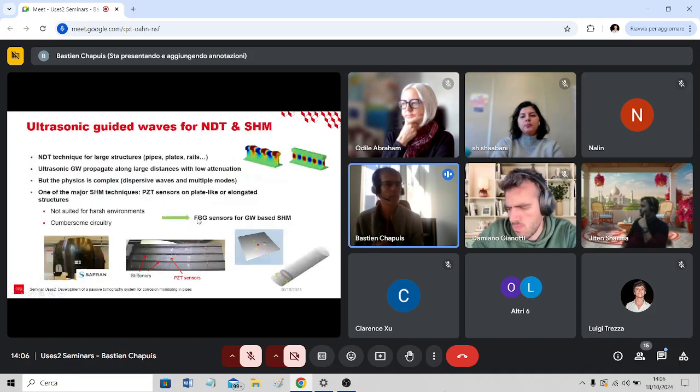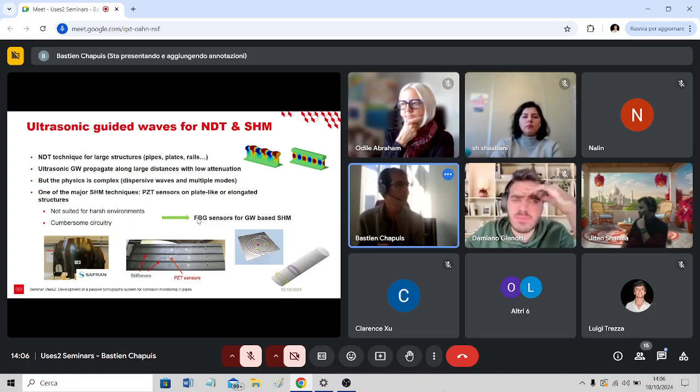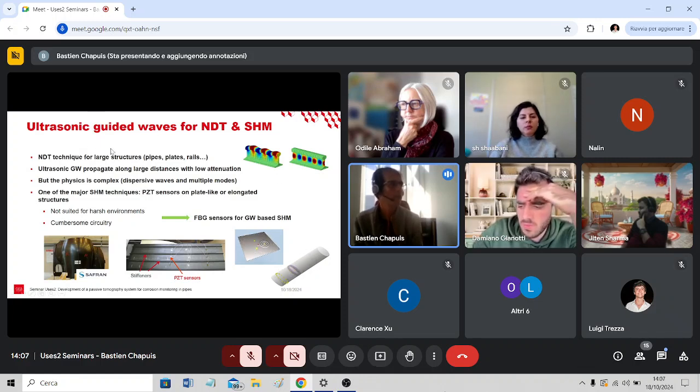One of these major technologies that is under investigation in several laboratories in the world is ultrasonic guided waves. There are other technologies, but there are different academic researchers and laboratories in the world working on ultrasonic guided waves.